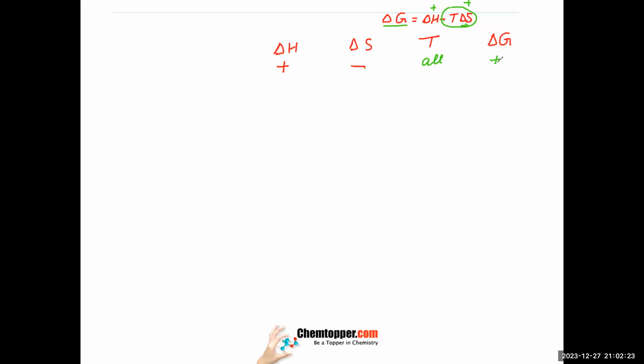At all temperatures, because remember this: endothermic and decrease in entropy.